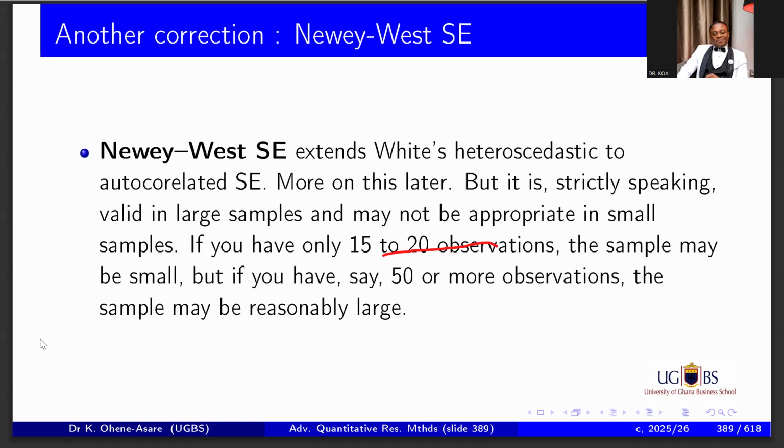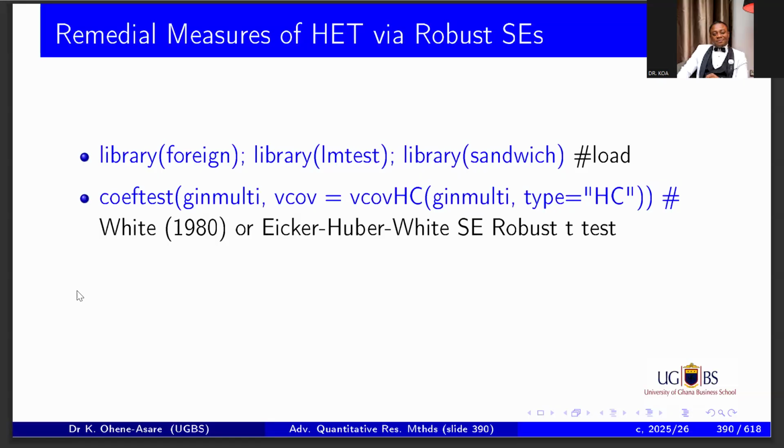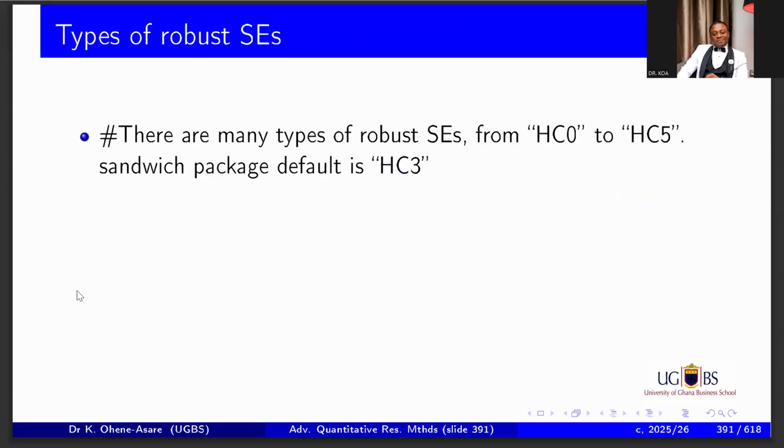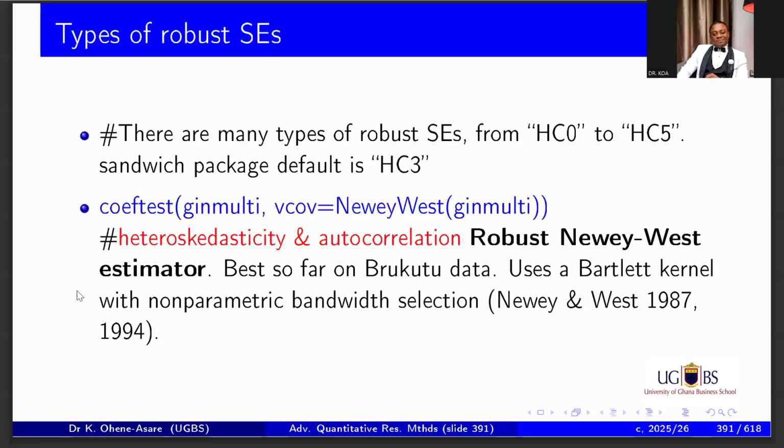So these are ways to correct for heteroscedasticity, where you don't transform, but you just use a correction to the model. The previous one was for hetero, but now this robust Newey-West is for both hetero and auto.